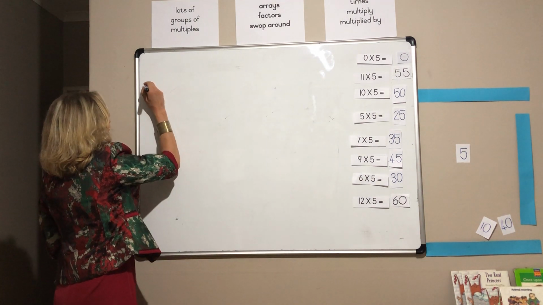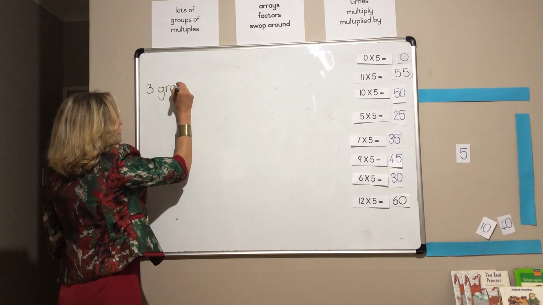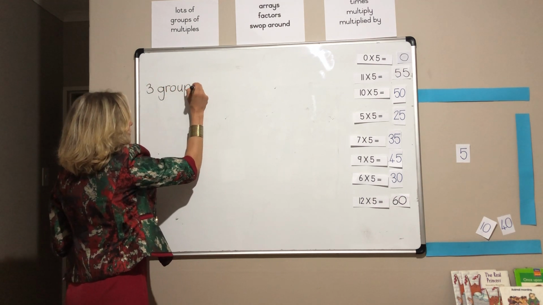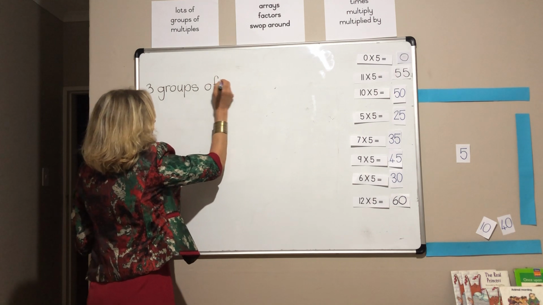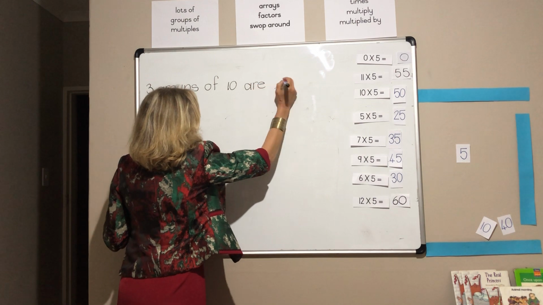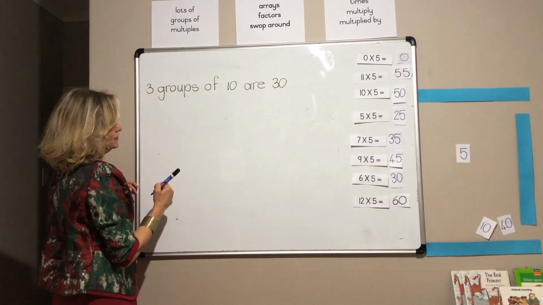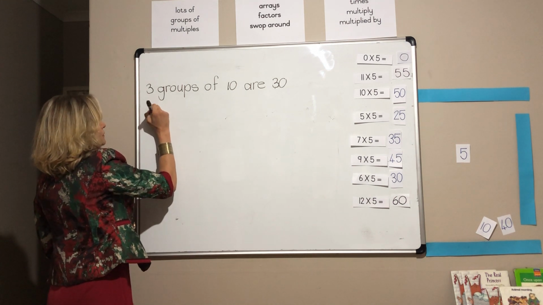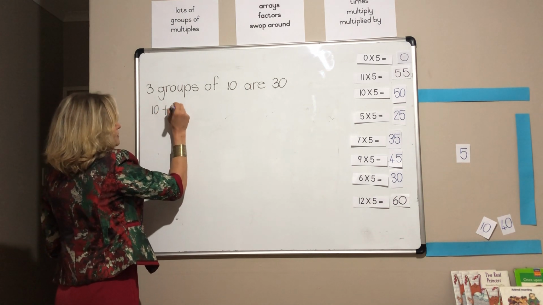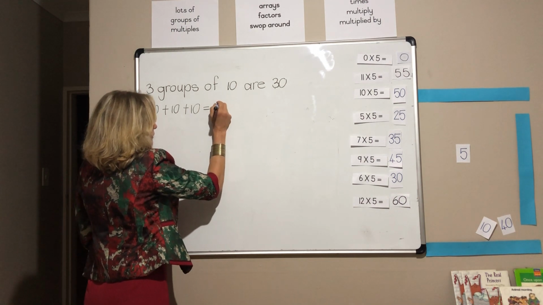Then I say 3 groups of 10, or 30. And that is the same as saying 10 plus 10 plus 10 equals 30.